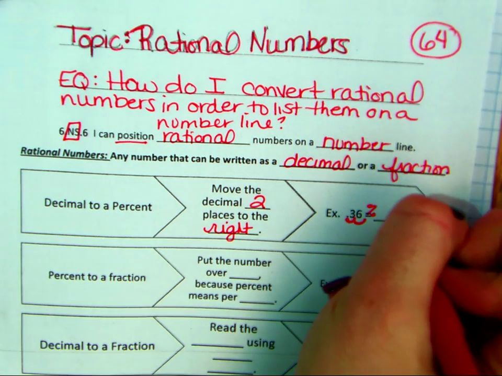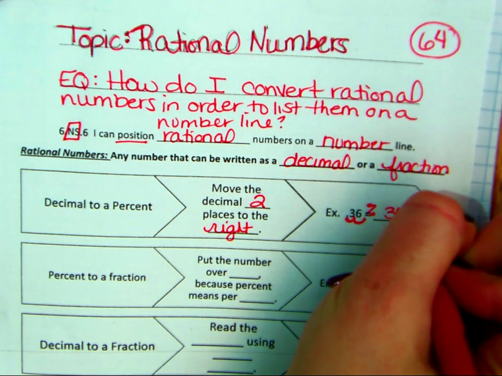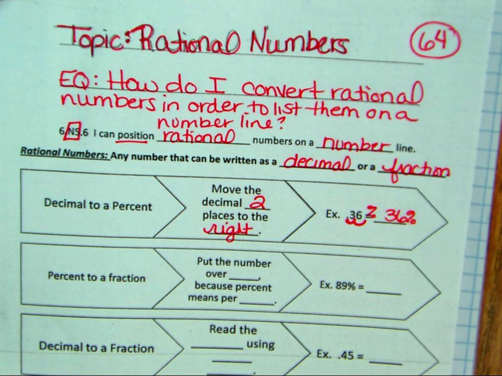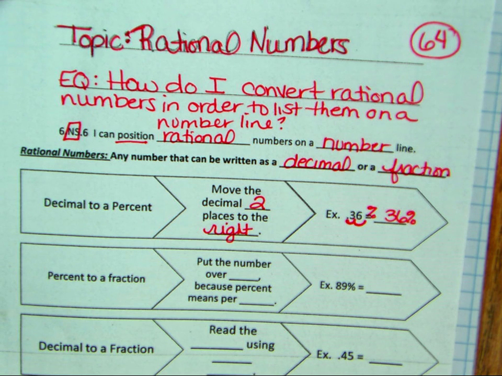So this would be 36%. Now, it doesn't matter if you had 110 or 322 thousandths, you would still move it twice, and it might end up like you have a decimal in the percent, and that's okay. Just wherever that happens to land after you move it twice is where your percentage drops.